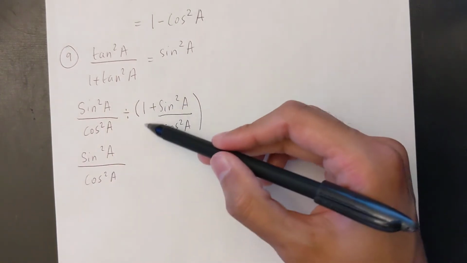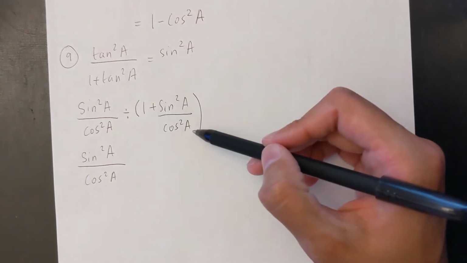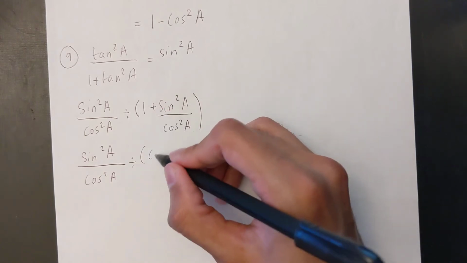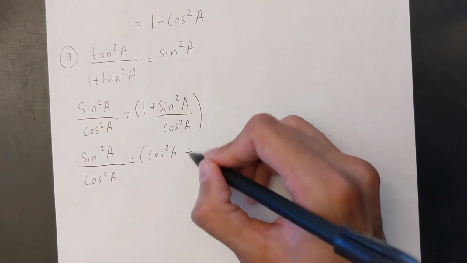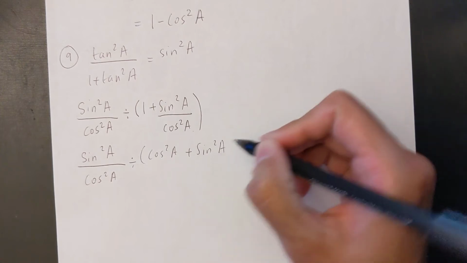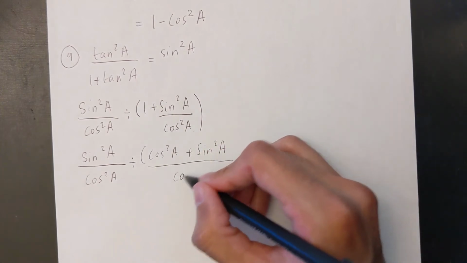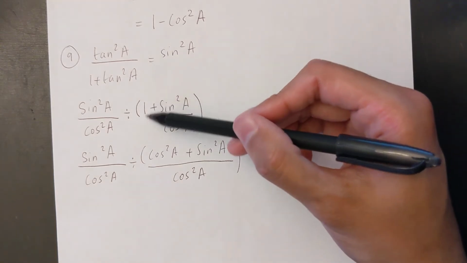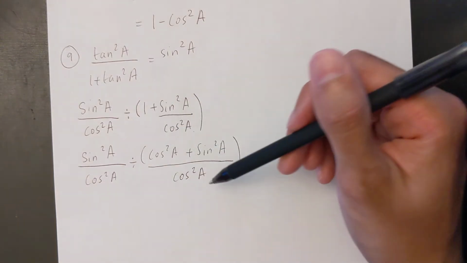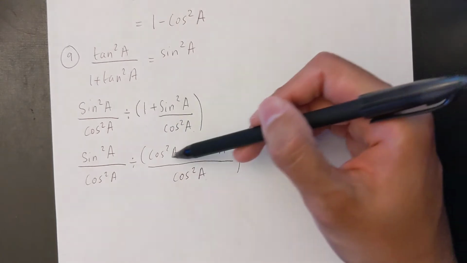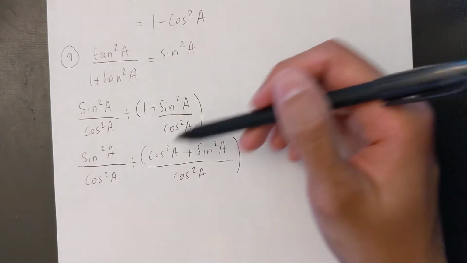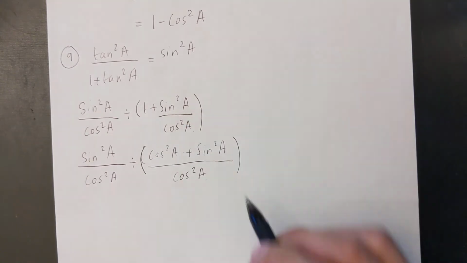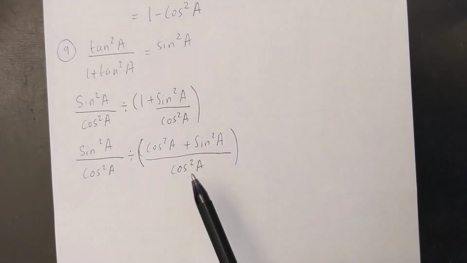So I'm gonna multiply the top and bottom here by cos square A. So I'm going to have cos square A plus sine square A over cos square A. Again, all I did was multiply the top and bottom by cos square, so I have a common denominator, and just 1 times cos square is cos square. If you don't know how to do common denominator this quickly, I would suggest learning it. It's extremely useful for grade 11 and 12 math.